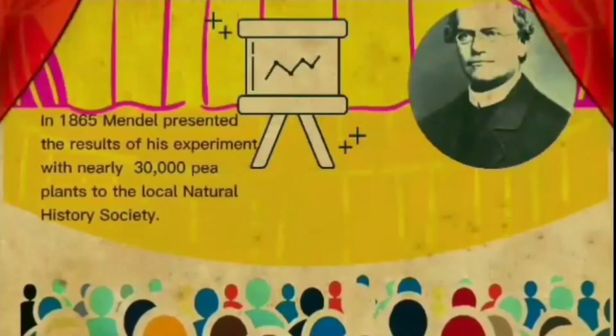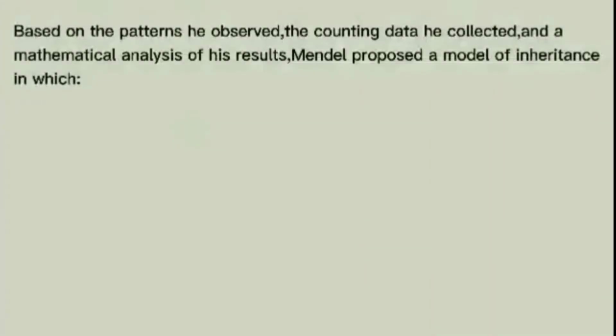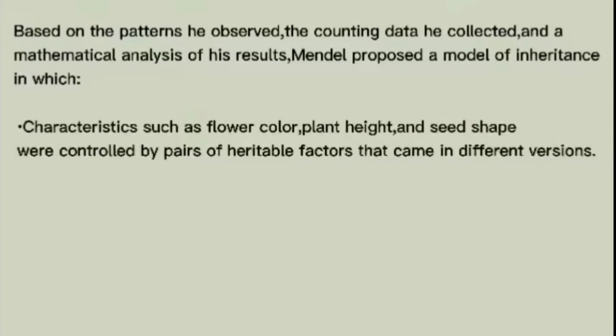In 1865, Mendel presented the results of his experiments with nearly 30,000 pea plants to the local Natural History Society. Based on the patterns he observed, the counting data he collected, and a mathematical analysis of his results, Mendel proposed a model of inheritance in which characteristics such as flower color, plant height, and seed shape were controlled by pairs of heritable factors that came in different versions.